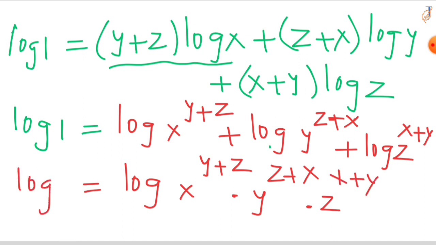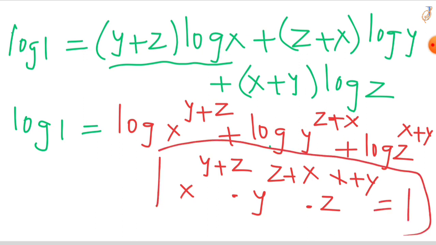Take antilogs on both sides, then you will get x raised to the power of y plus z, y raised to the power of z plus x, z raised to the power of x plus y, that is equal to 1. So this is the final result.